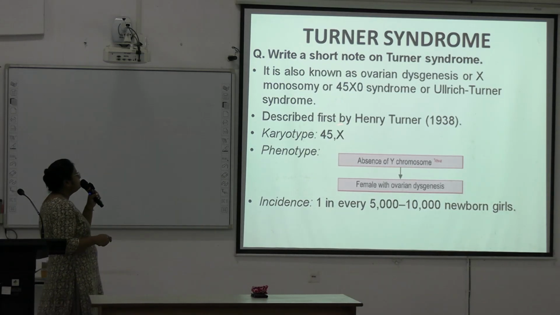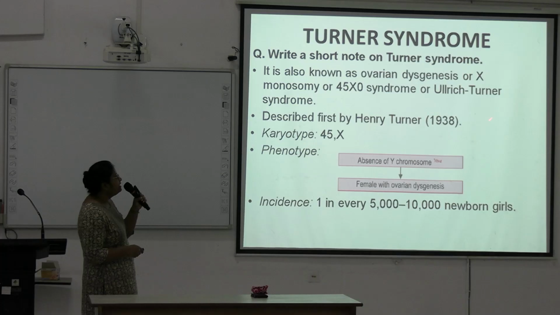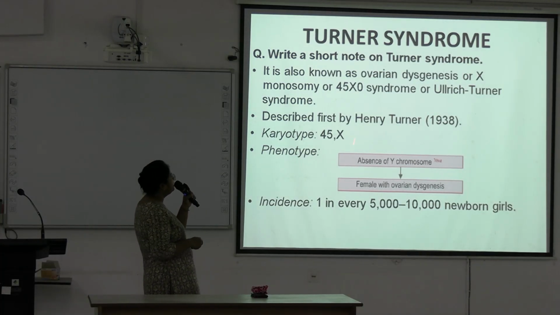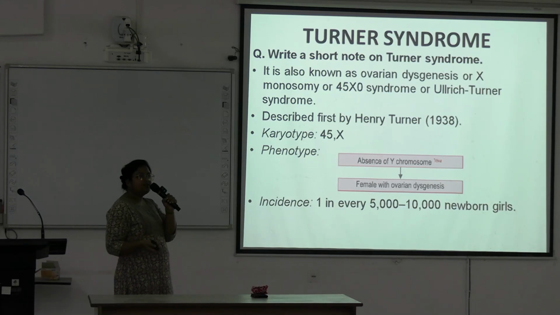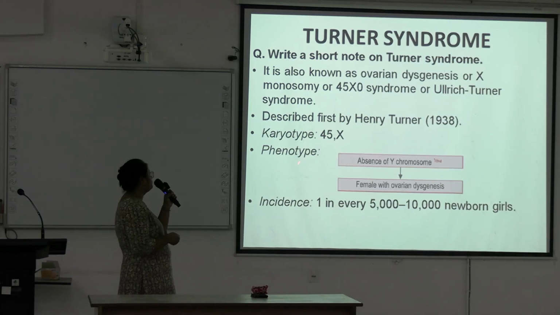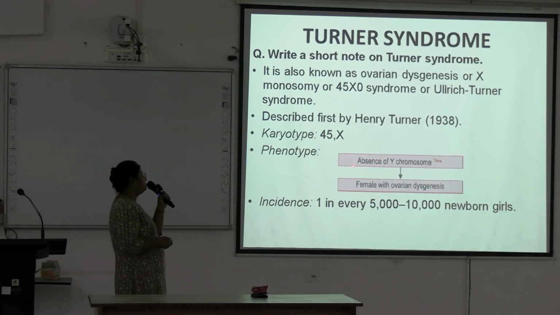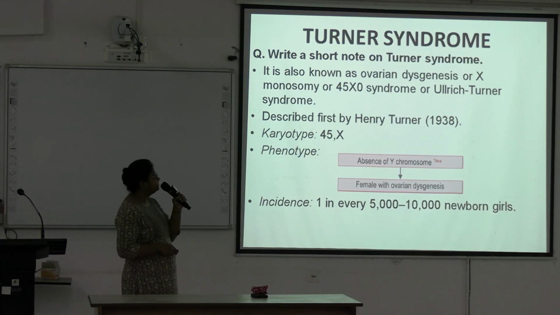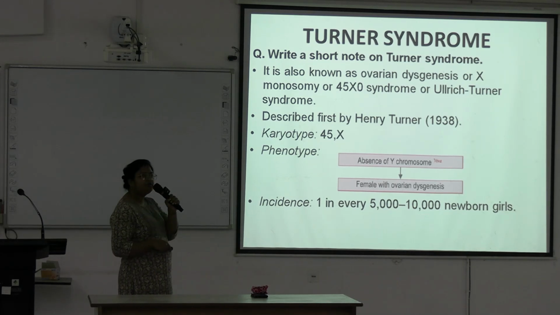It was first described by Henry Turner in 1938, and here the karyotype is 45,X. Another sex chromosome is absent. The phenotype is a female with ovarian dysgenesis, with absence of the Y chromosome. Incidence is 1 in every 5,000 to 10,000 newborn girls.